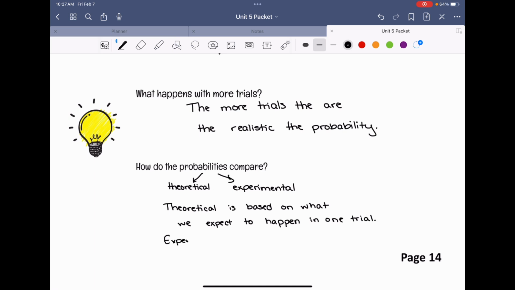Experimental is what does happen when we conduct multiple trials.